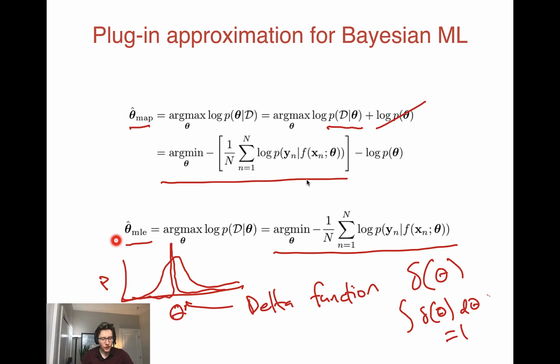So that's not very important. Really, what we're saying is just that we've picked the specific value theta hat. But if someone asks you, what distribution do you have over theta, you can say, okay, I've got a delta function. It has positive value only at the specific value of theta we picked.